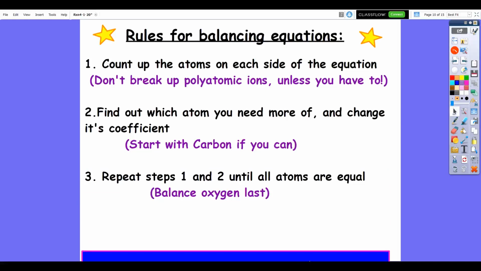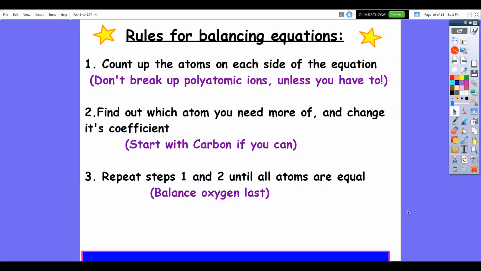And then the last step is to repeat 1 and 2. Always add up your totals each time you change a coefficient, and keep repeating 1 and 2, 1 and 2, until everything is equal. It's kind of a back and forth. It's kind of why I like the seesaw idea here, because you're going to unbalance it before you balance it.